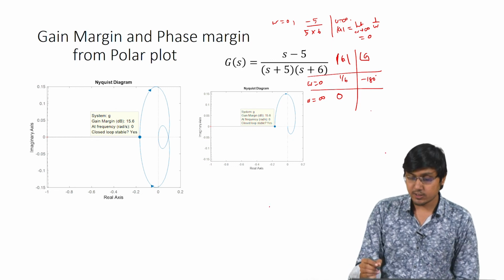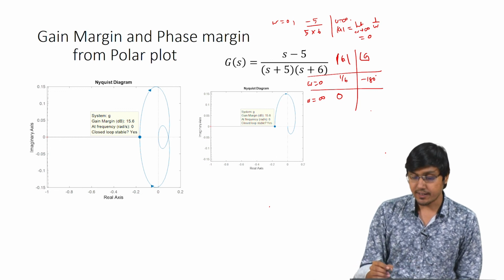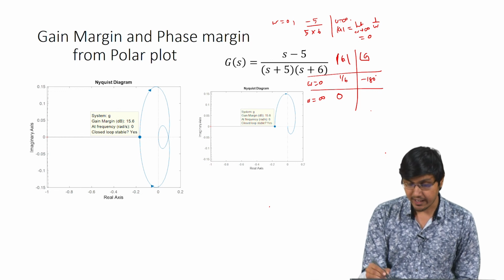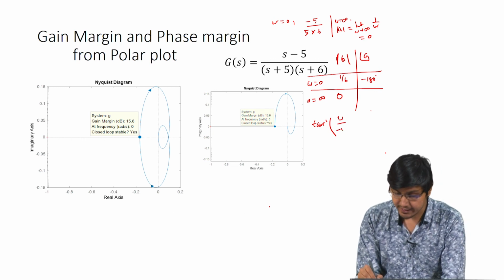And then the angle. At omega equal to infinity the magnitude is 0, and for the angle we have tan inverse of omega by minus pi, minus tan inverse omega by pi, minus tan inverse omega by 6.